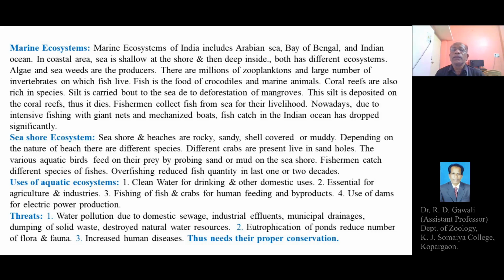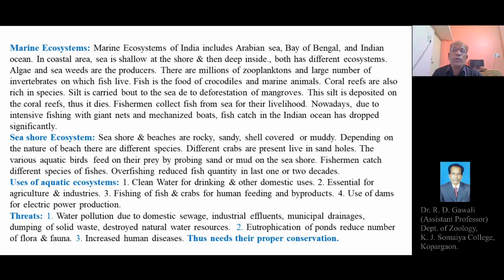Water that has been contaminated or polluted by different wastes will not remain clear or pure. Instead, it becomes contaminated and contains a large quantity of disease-causing agents, or pathogens, which ultimately increases human diseases and thus needs proper conservation.